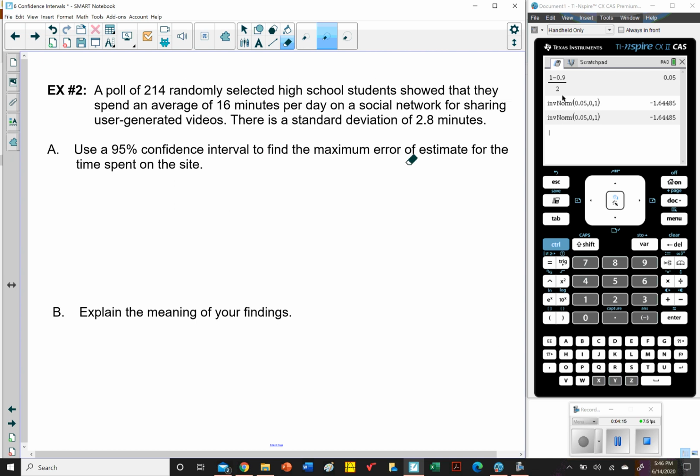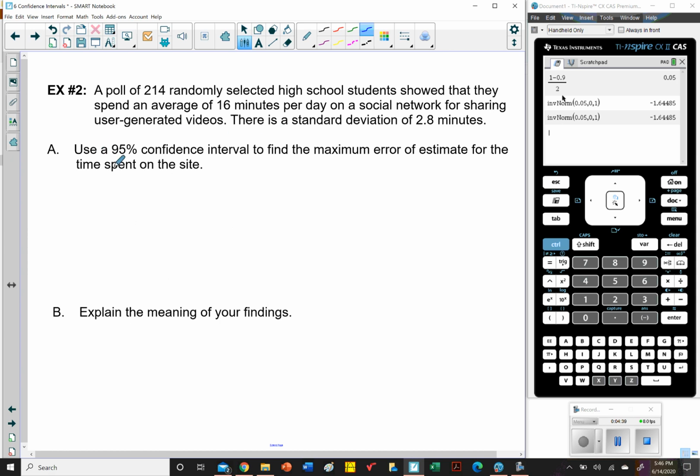So here's an example of that. Let's say a poll of 214 randomly selected high school students showed that they spend an average of 16 minutes every day on a social network for sharing user-generated videos. So that sounds like TikTok or Snapchat or something. And there's a standard deviation of 2.8 minutes.